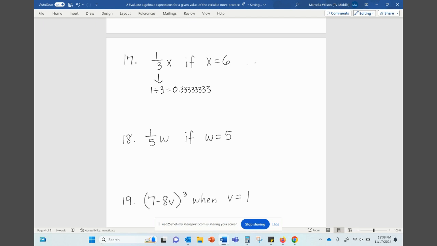Normally I'd say shorten that, but for calculation purposes, you do have to write all that out. So when you put it in your calculator and you get 0.33333, that's right. But what you need to do next is you're going to take that and times it by x. So what is x? X is 6. So when you get 0.3333, just hit times 6 in your calculator. And that's going to give you 2.